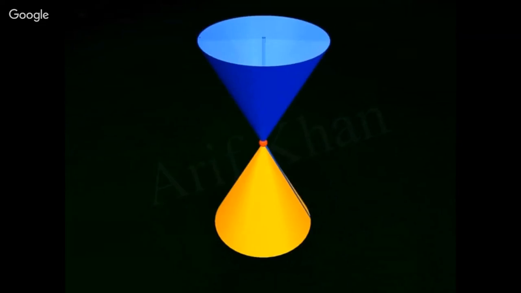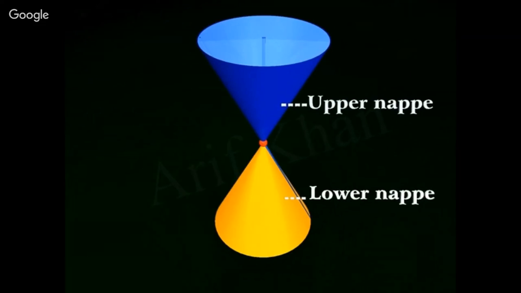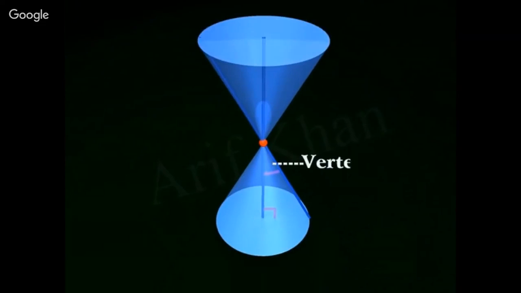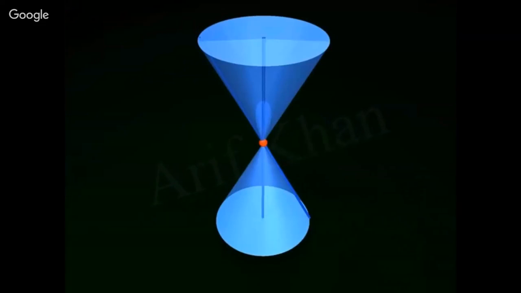We have two nappes. The blue part will be the upper nappe, and the lower one, which is yellow in color, will be called the lower nappe, right? And the vertex angle is the angle between the generator and the axis.